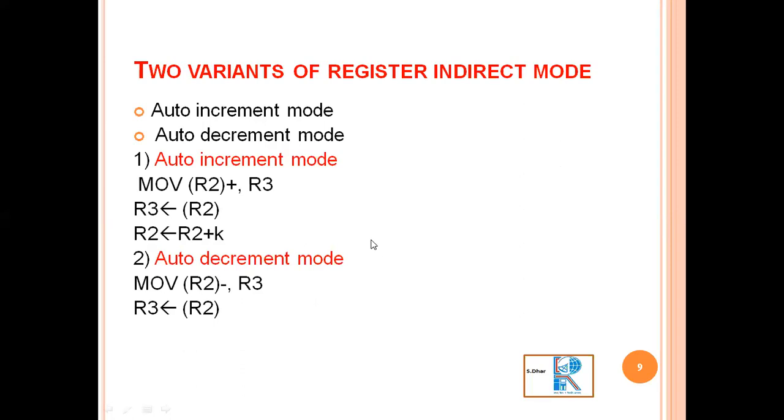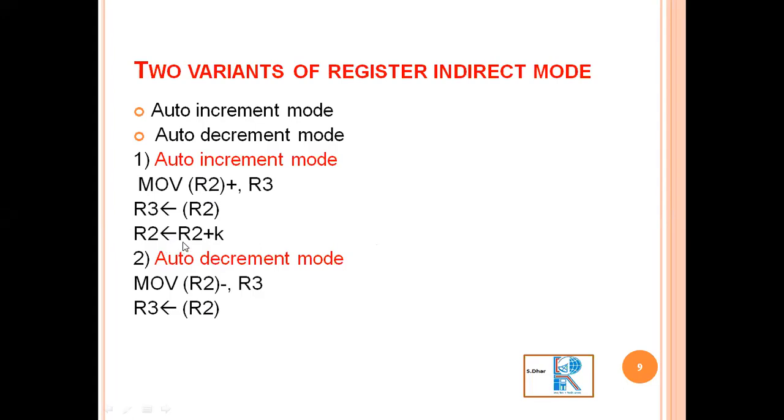The data which is stored in the memory location mentioned by R2, just like the previous register indirect mode, will be transferred to the register R3.